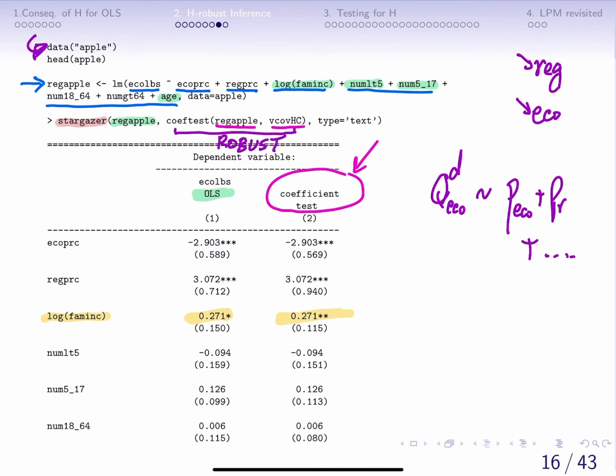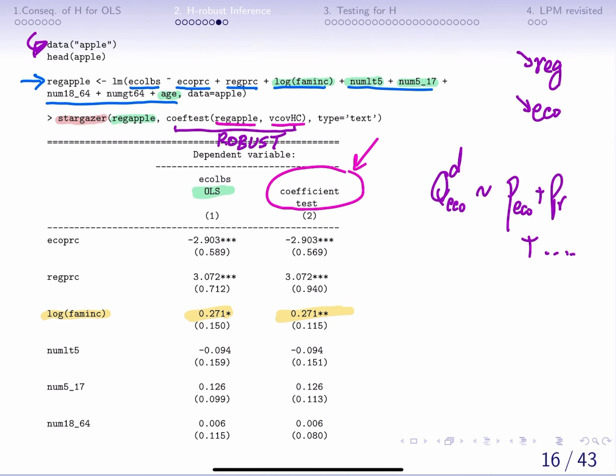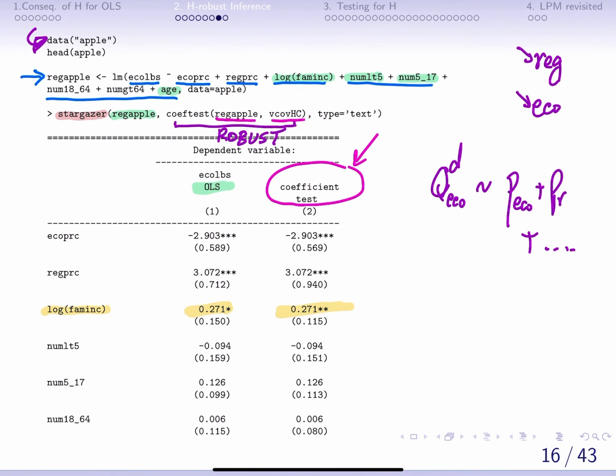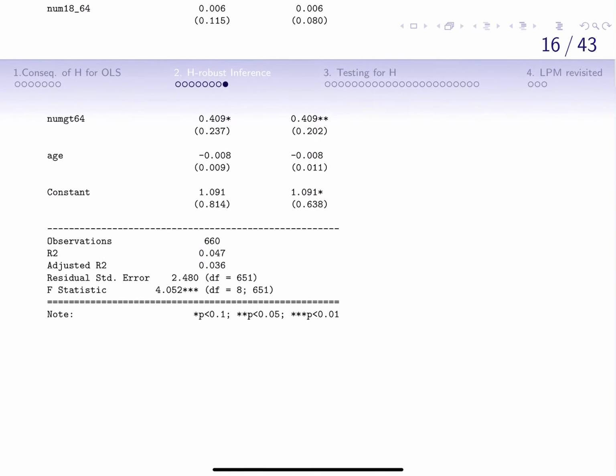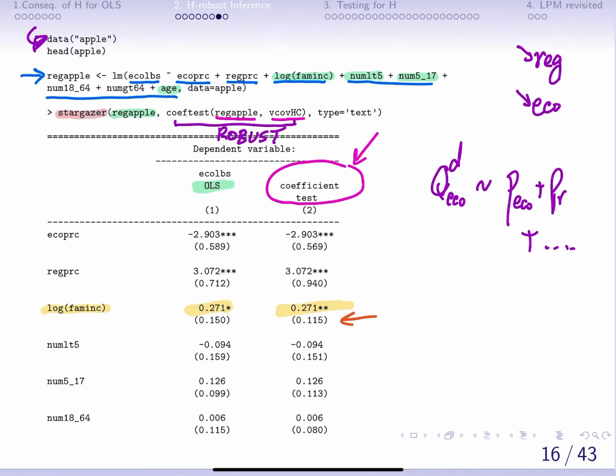So that's why we want to present both. This happens obviously because the standard errors are changing, or they're modified to incorporate heteroscedasticity.